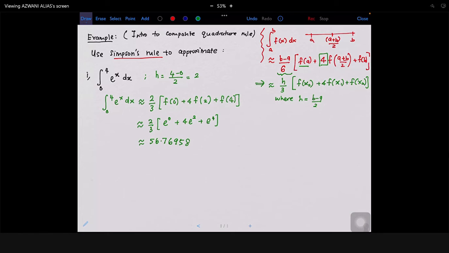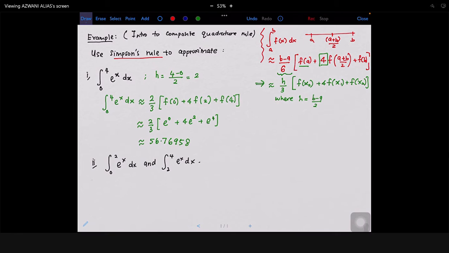Alright, good. Okay, so the next question. Alright, so the study 0 to 2 e^x dx and 2 to 4 e^x dx.